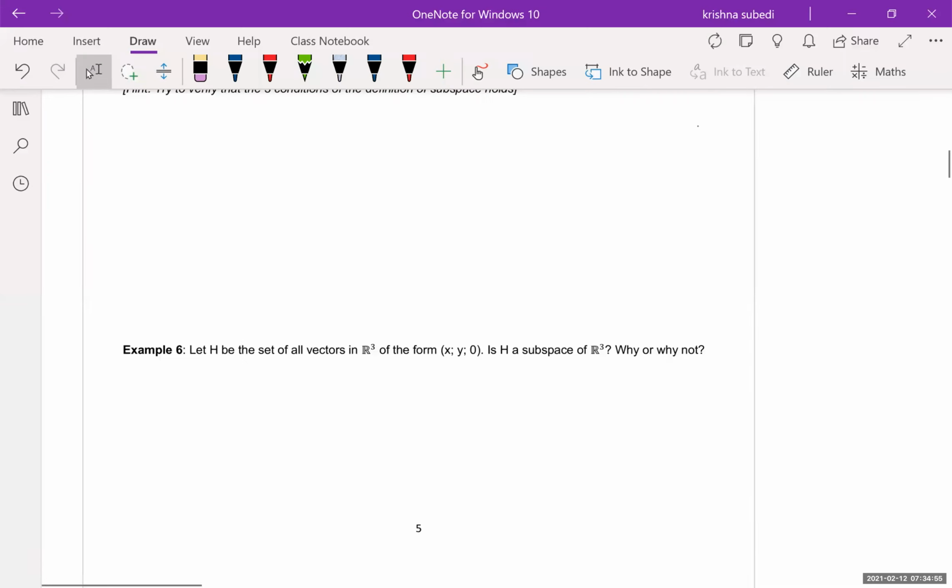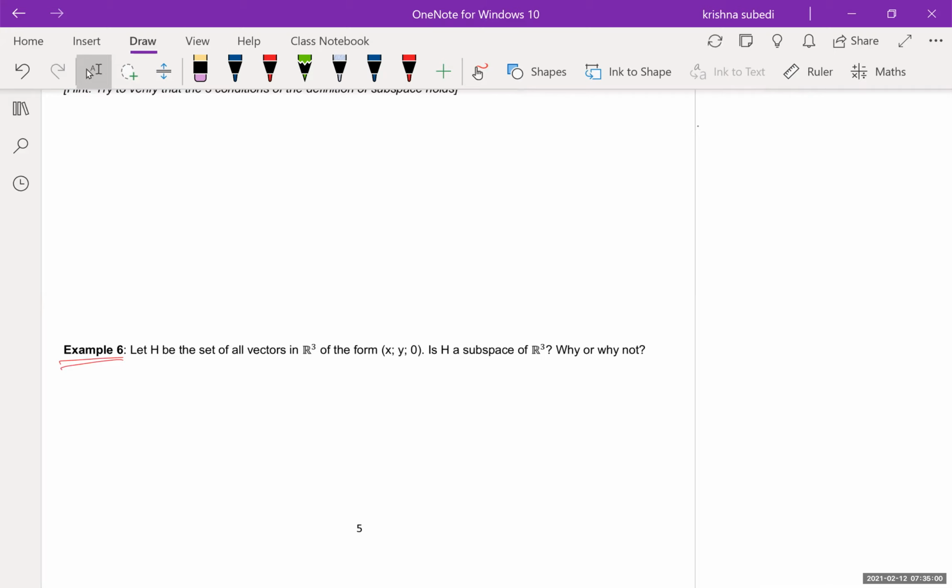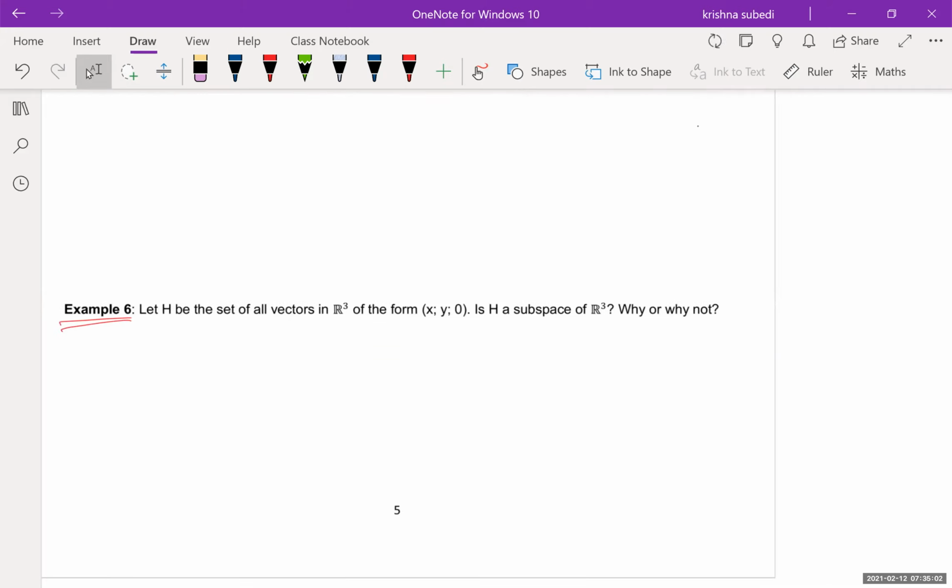Let's work on example 6 first. Let H be the set of all vectors in R3 of the form (x, y, 0). You know that (x, y, 0) can be written as x, y and 0. Is H a subspace of R3? Why or why not? So we need to check those three conditions.